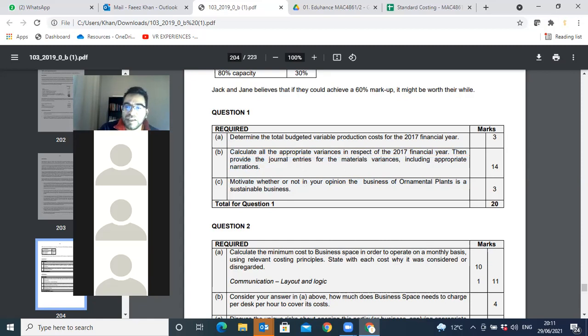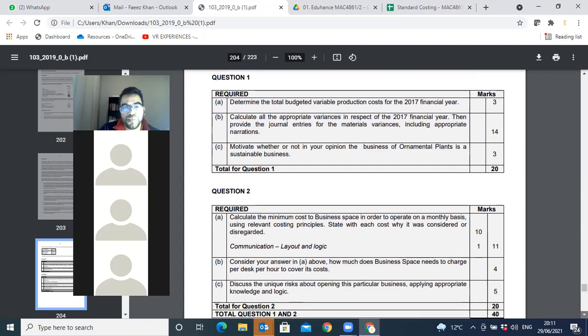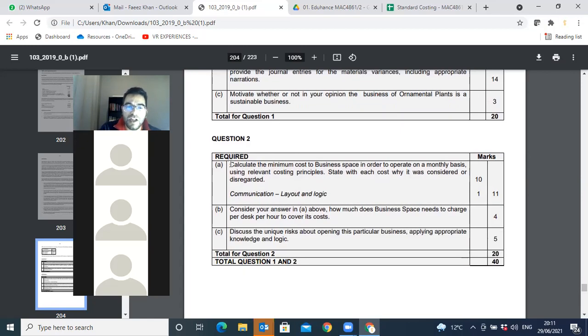Then you can see the next 20 marks. They say calculate the minimum cost for business space. This is relevant costing. Out of that, it's 11 marks. We'll see what all the other stuff is about. So here you can see relevant costing taking up about 10 marks, that is 25%. Standard costing taking up 20 marks, that is 50%.